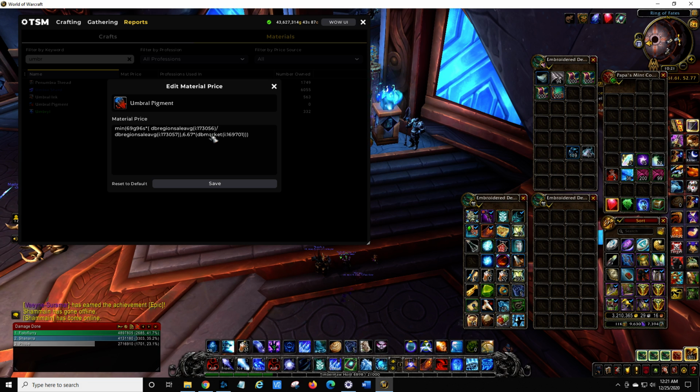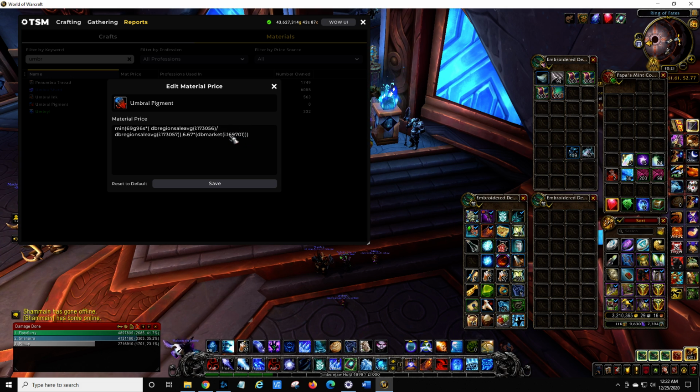I'd have to look, but basically one over that is 6.67. I'm adding this in so that if I can get death blossom really cheap, my minimum amount for umbral pigment would be the cost I could charge, if that's all I milled out of it was umbral pigment, for the map price and stuff.